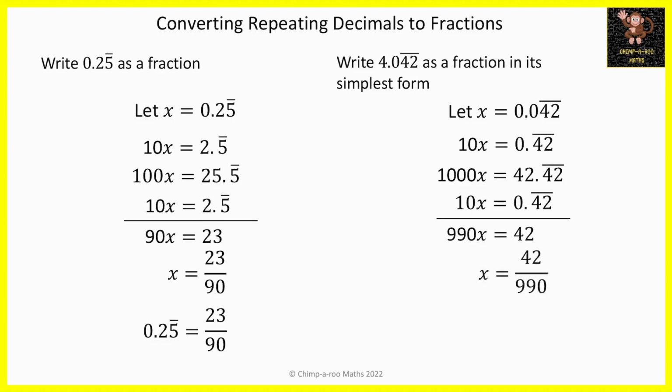So x would be 42 over 990, but again we want to simplify that as far as we can. Well, 3 goes into 990 and 42, as does 6. So we have 7 over 165, and so 4.042 recurring is 4 and 7 over 165.